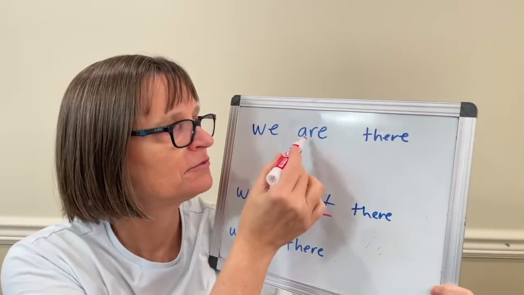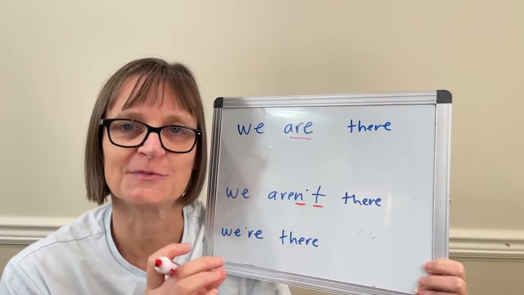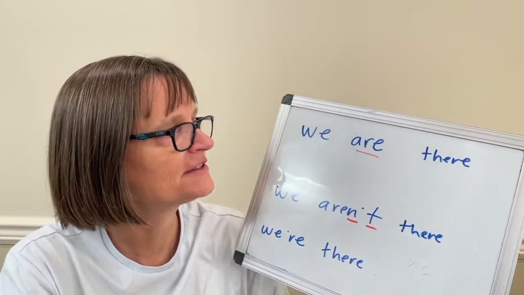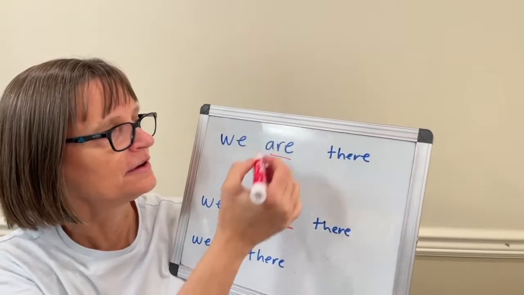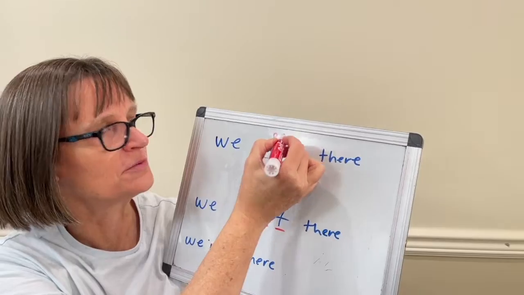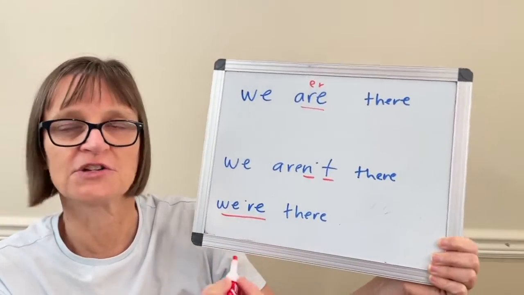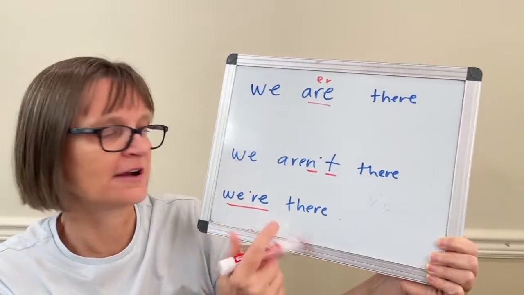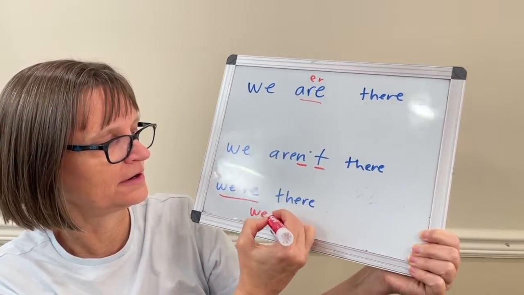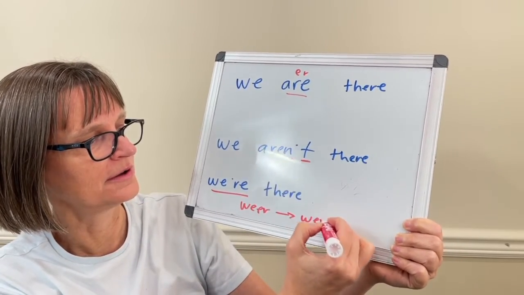We also don't really use the word are in its full form unless we're stressing on it. So in a phrase like we are there, I'm either reducing this are to more of an er, which is basically this contraction, we're there, or I'm using the contraction we're there and my we're gets further reduced to more of just a were.